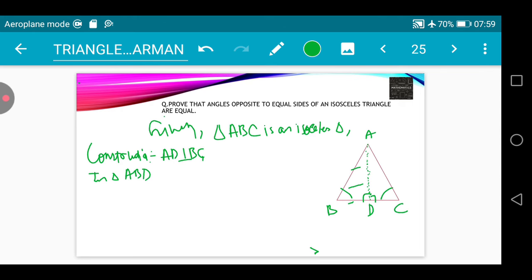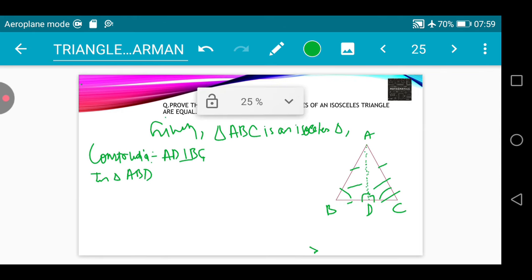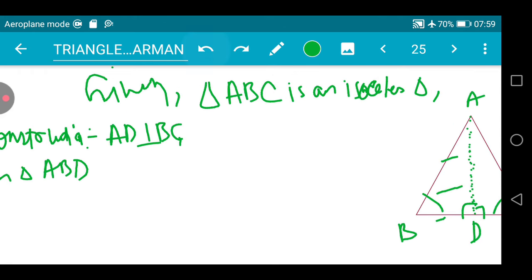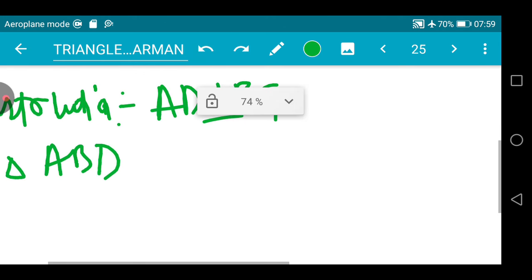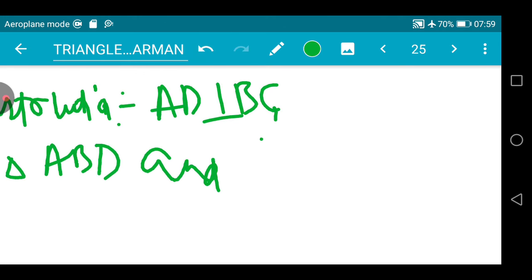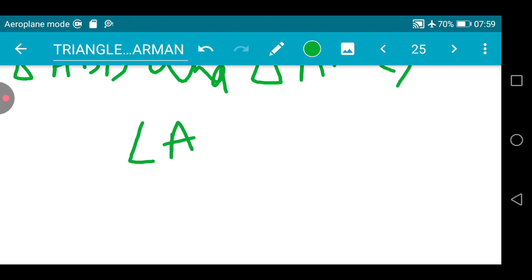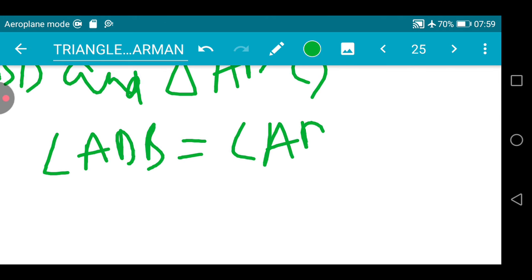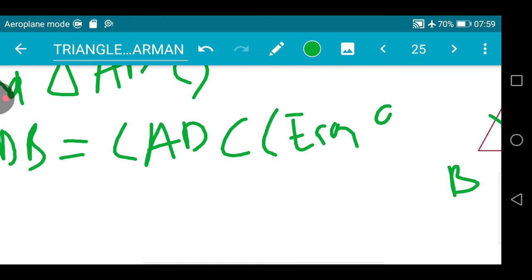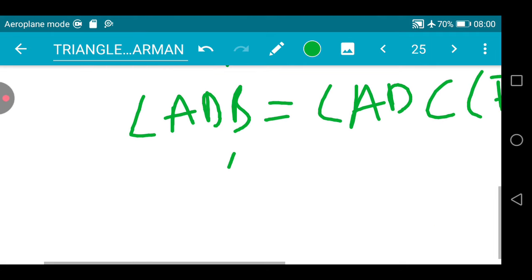This triangle and this triangle. In triangle ADB and triangle ADC, angle ADB will be equal to angle ADC. Why? Each 90 degrees. And AB will be equal to AC, which is given.